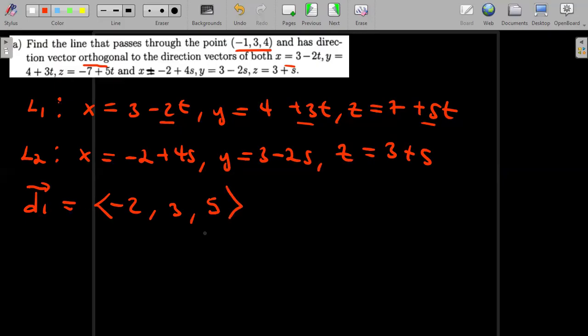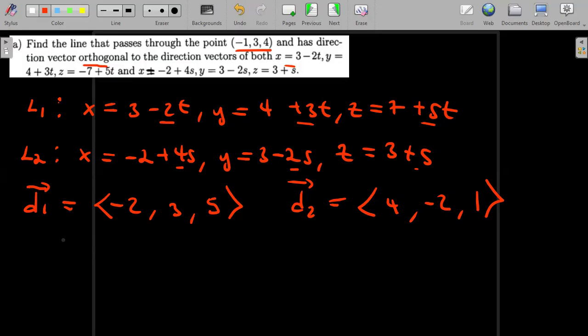So this is the direction vector of the first line. For the second line, the direction vector has 4, -2, and 1, where the coefficients of s are. So D1 is the direction vector for the first line and D2 for the second line.